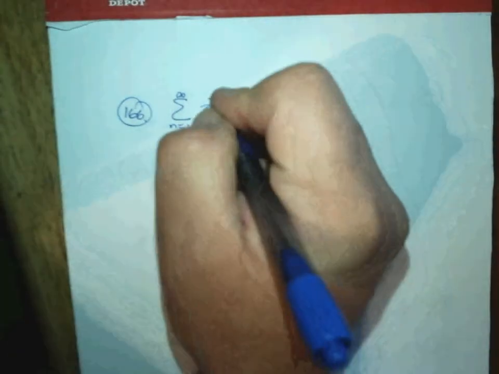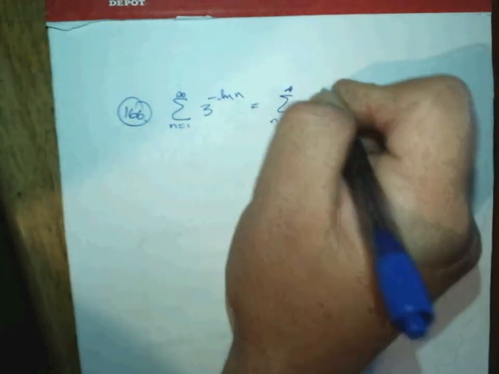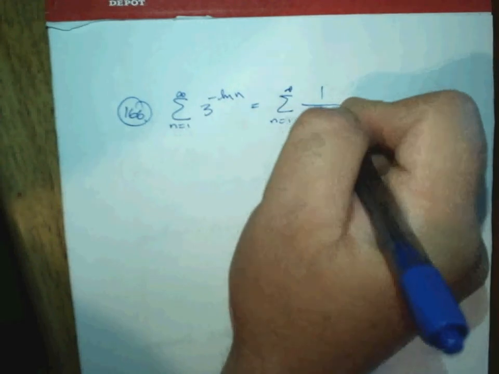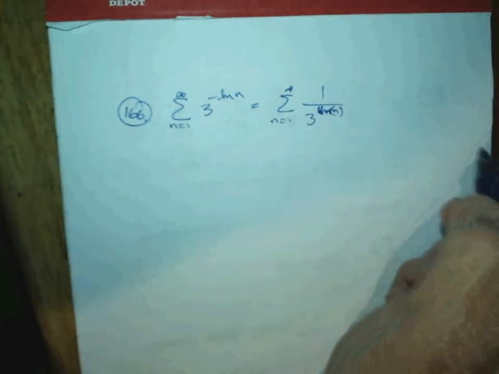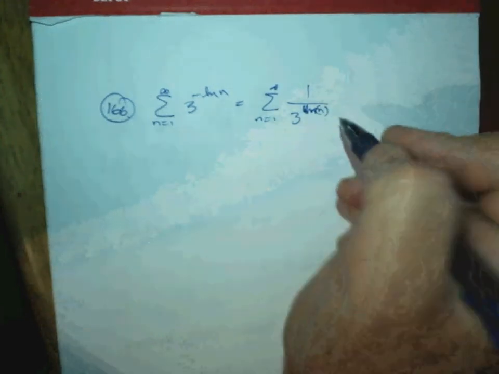So, the infinite series 3 to the negative natural log of n. Since that's a negative power, bring it to the denominator: 3 to the ln of n.